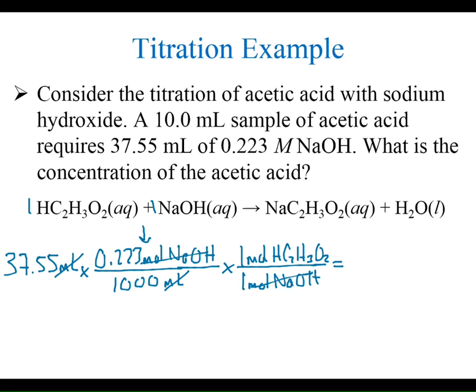How many moles of acid do we have? 37.55 times 0.223 divided by 1,000 times 1/1 does nothing. I got 8.37 times 10 to the negative third moles of acetic acid.